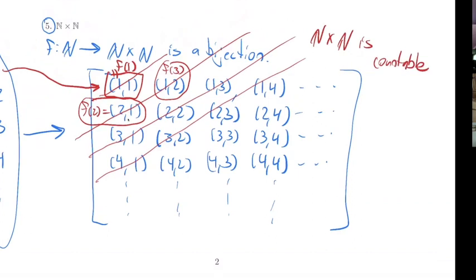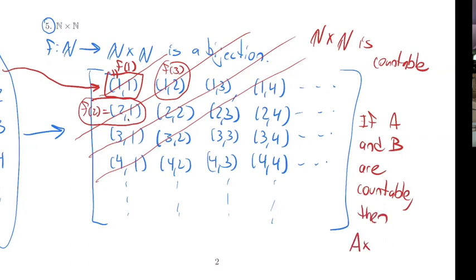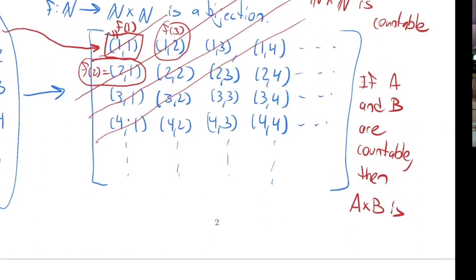And there is a theorem in the book that says that if you have two countable sets and you take the Cartesian product of them, the result is also going to be countable.